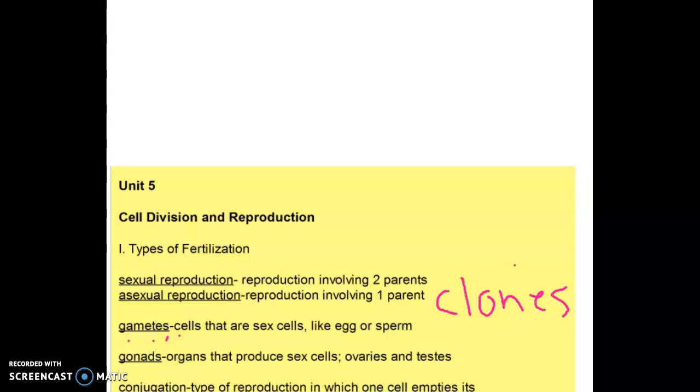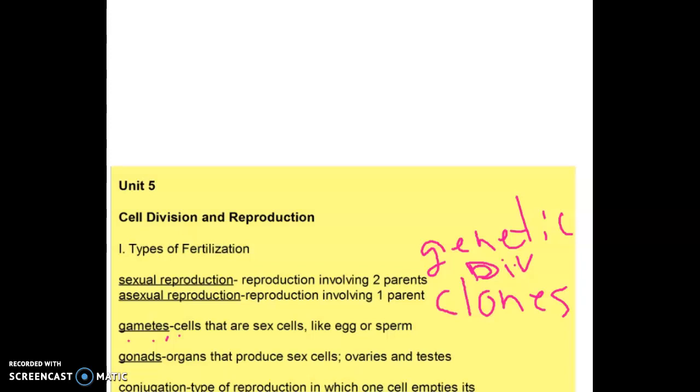Sexual reproduction, we know, involves two parents. And we did talk about the greatest advantage of that being genetic diversity. We said sometimes there's a cost to sexual reproduction.